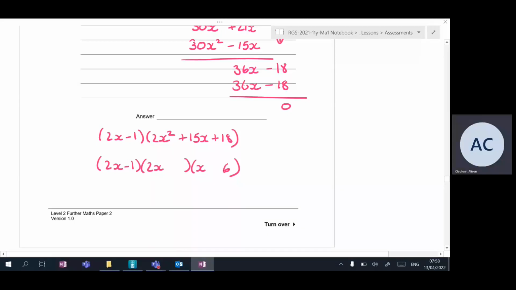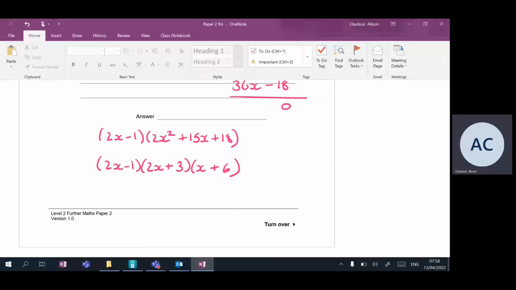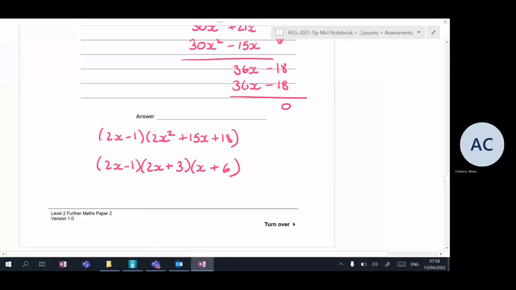So 6 and 3 is looking good to me. Okay, so then that gives me 3x and 12x, which gives me my 15x. Okay, so then that is your final answer.